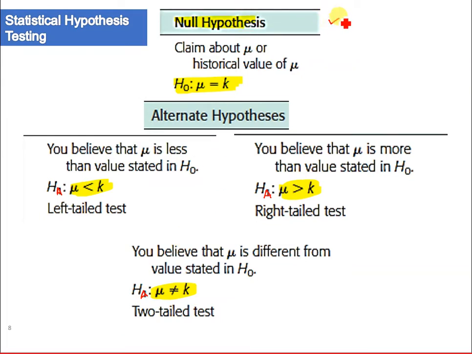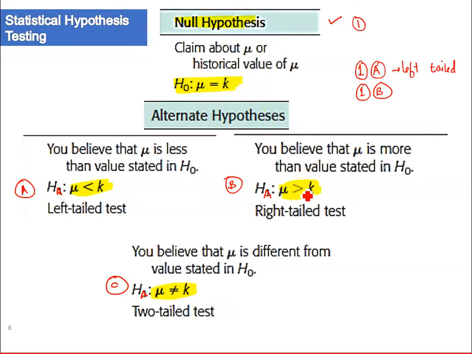So the null hypothesis is of only one type, but the alternative hypothesis will be of three different types. This is A, B, and C. If we have A, we call it a left tailed test. If we have B, the same null hypothesis and an alternative hypothesis like this, we call it a right tailed test.